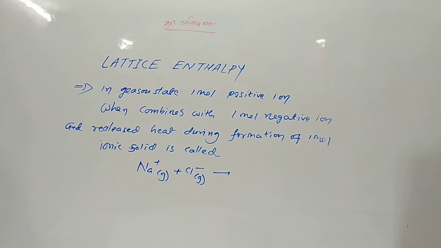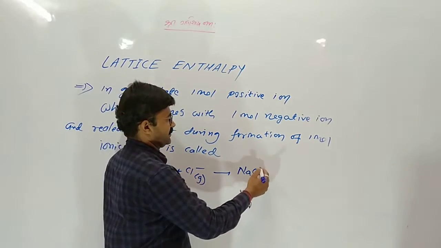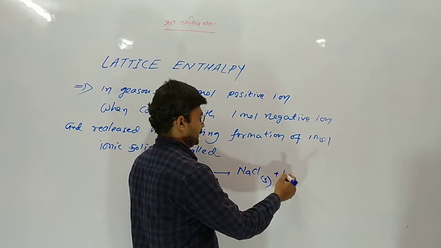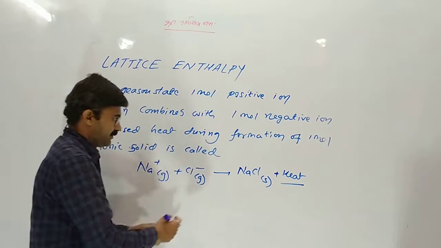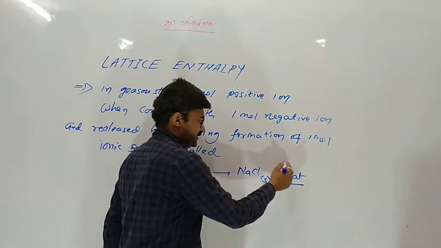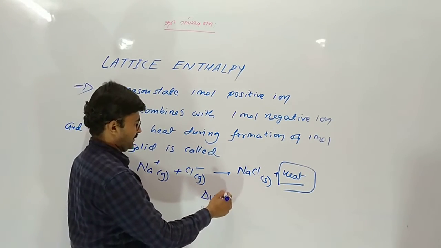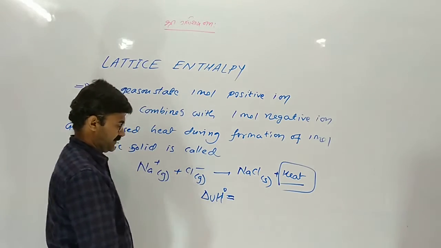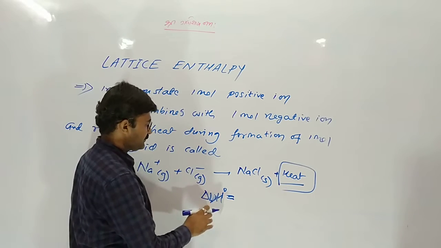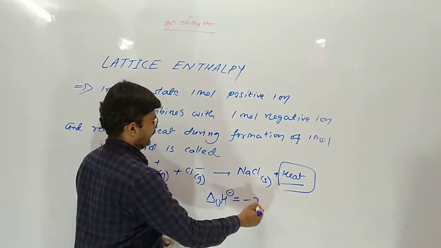In the gaseous state, when we take 1 mole of positive ion and 1 mole of negative ion, and both combine with each other, it forms 1 mole of solid ionic compound. So during formation of 1 mole of NaCl, some heat will be liberated. That heat is called lattice enthalpy. It is symbolized as delta U H, and here our value is negative.